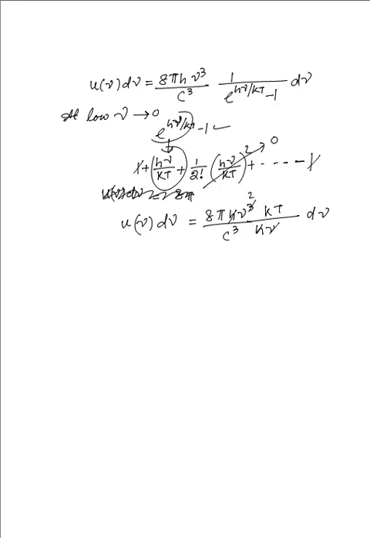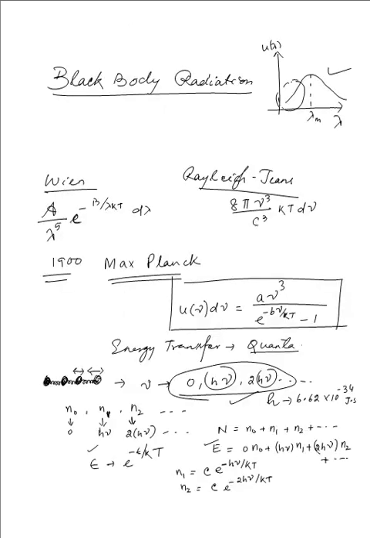And if you can recollect a bit, for lower frequencies this is nothing but the Rayleigh-Jeans formula which we had discussed. Let me go back a few pages. There's the Rayleigh-Jeans formula, where 8 pi nu cube c cube kt, it's actually nu squared, not nu cube.